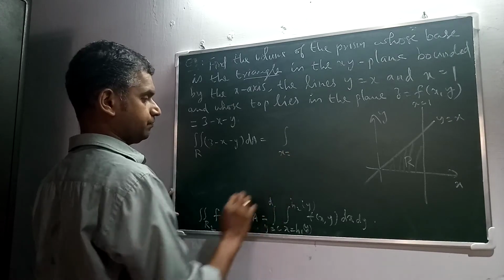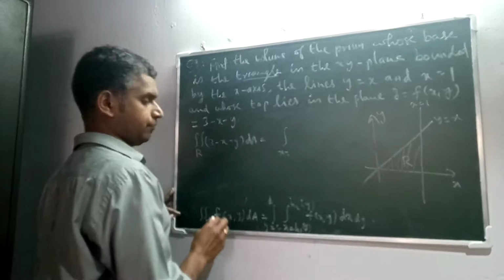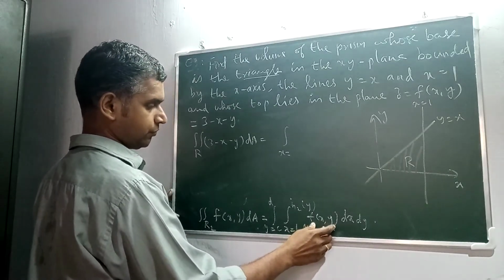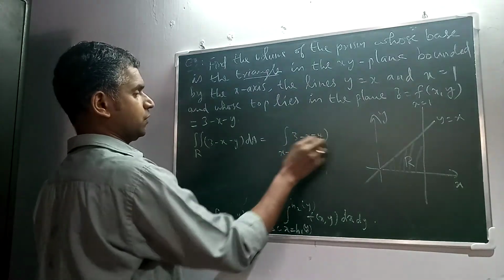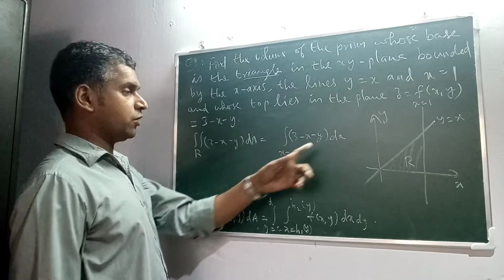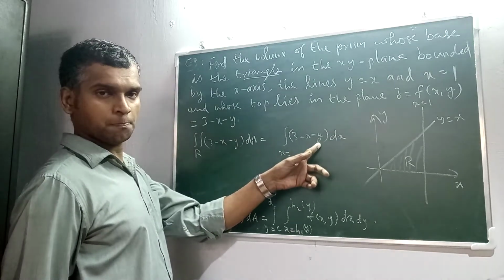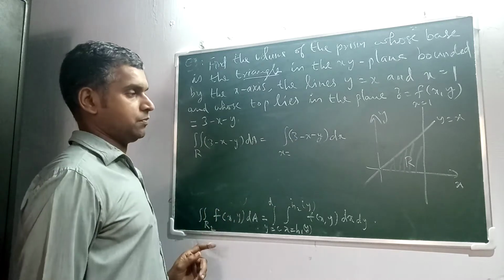X varies from where to where. So you have to integrate your function f of x comma y equal to 3 minus x minus y with respect to x, keeping y fixed, right? So you have to determine what are the limits of integration.